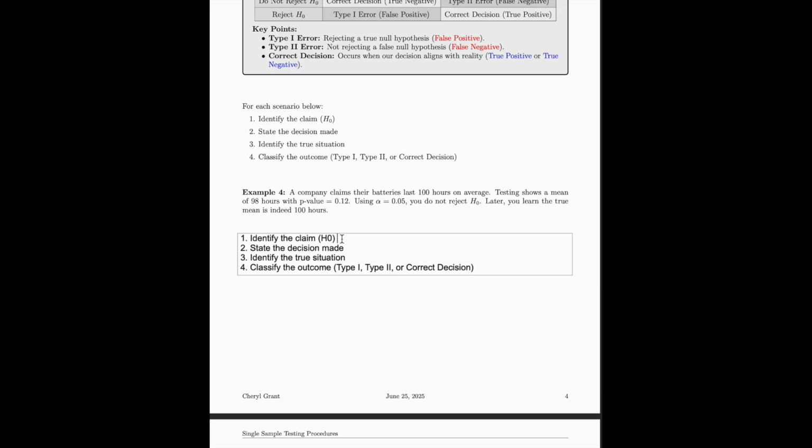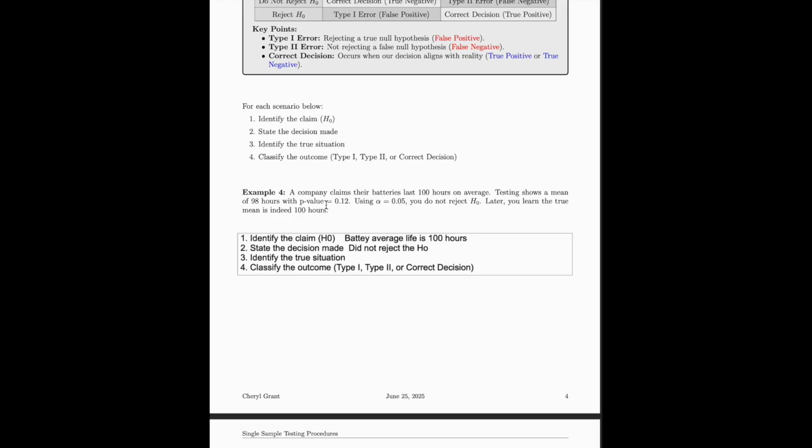So let's identify the claim, our null hypothesis. The null hypothesis is that the battery average life is 100 hours. Now, the decision that was made was that we did not reject the null hypothesis.